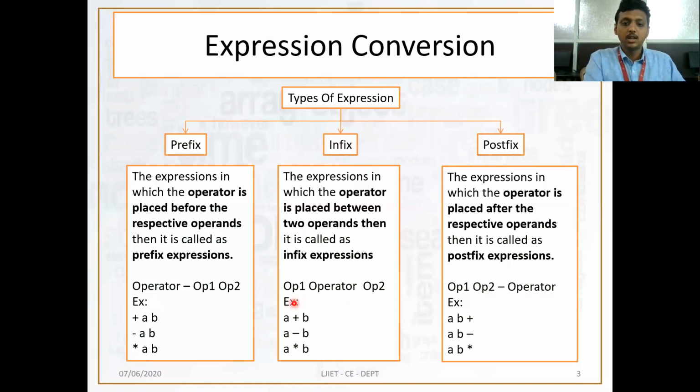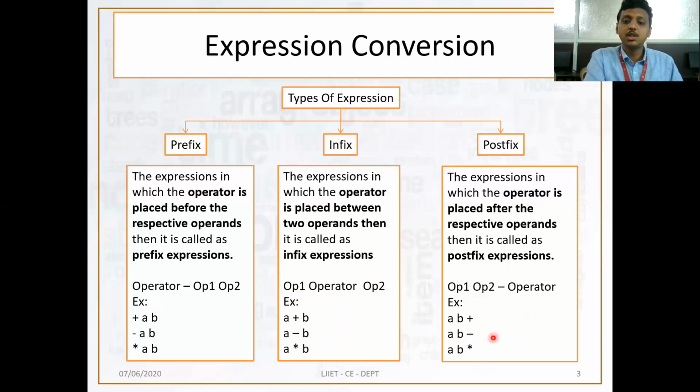So when it is operand 1, operator, and operand 2, like A plus B, these expressions are known as infix. In postfix, the operator comes at the back side of the operands. So AB plus, AB minus, AB star.